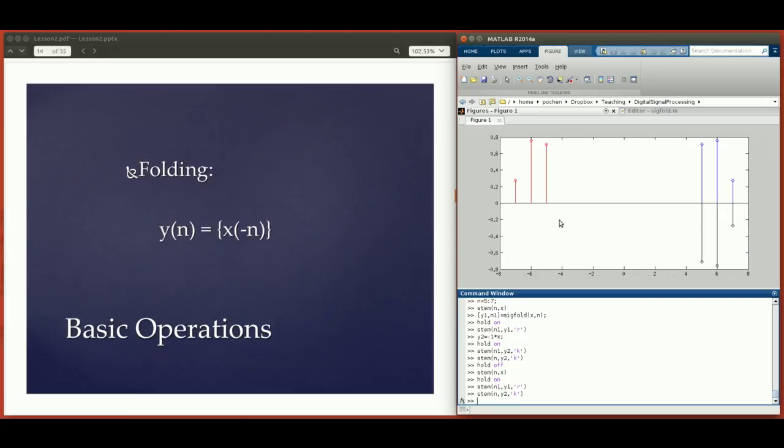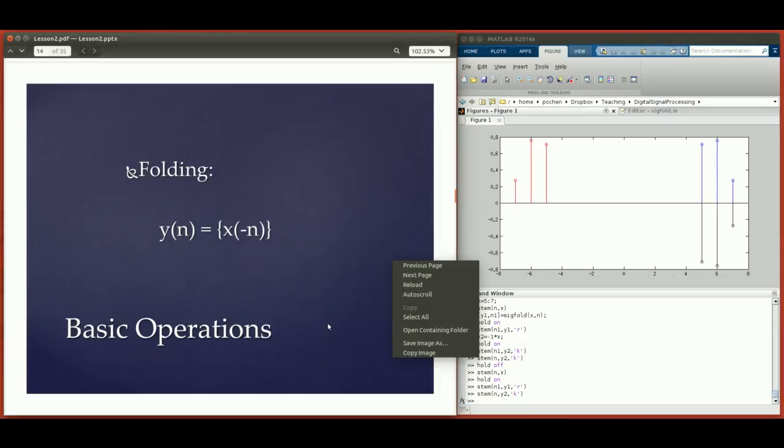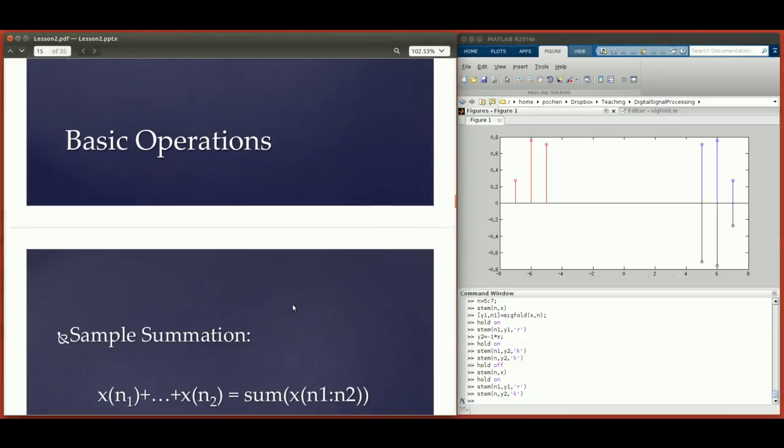For the folding operation, the symmetry axis is n equals 0. That's the horizontal axis equal to 0. And for multiplying amplitudes by -1, the symmetry axis is amplitude equals 0, that's y equals 0, right? The symmetry axis is this axis. So different operations, and we have to pay attention to these different operations.